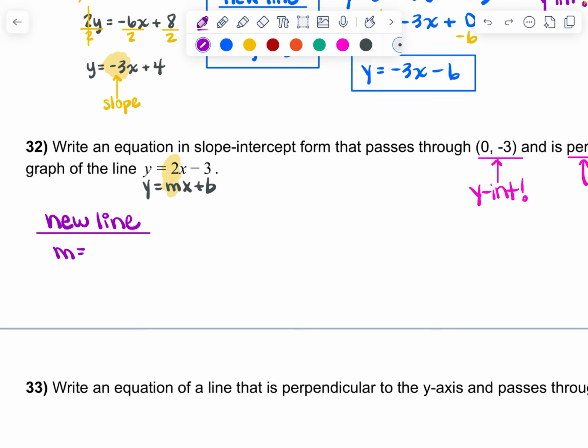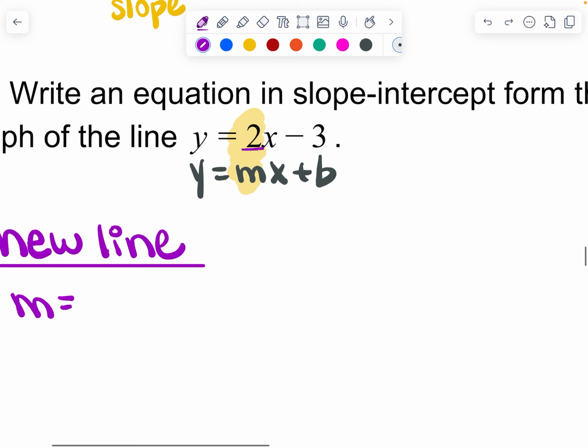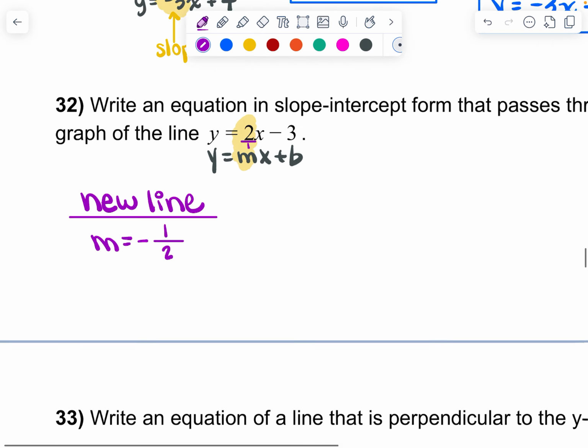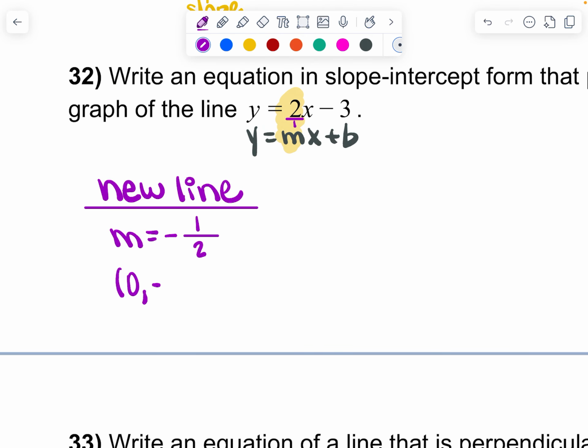We want it to be the opposite reciprocal of positive 2. Please remember, every slope is a fraction. If it's not a fraction, you make it a fraction by putting it over 1. 2 is the same thing as 2 over 1. So the opposite reciprocal would be negative, because the opposite sign, and then the reciprocal of 2 over 1 is 1 over 2. Opposite reciprocal, and it has to go through the point 0, negative 3.